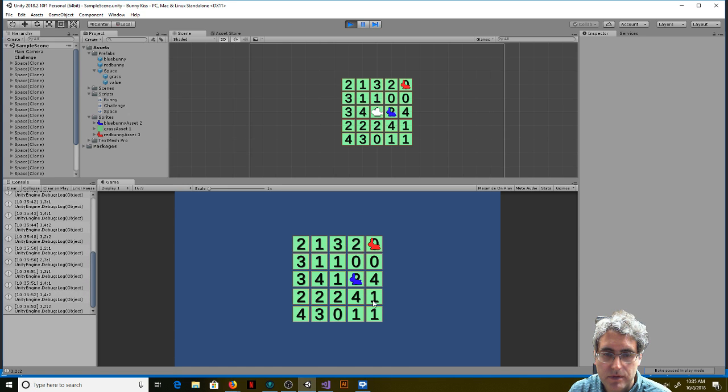That's some good hopping there for that bunny. Okay, so this was our basics. We actually got some elements to work, but there are a lot of next steps we can do.